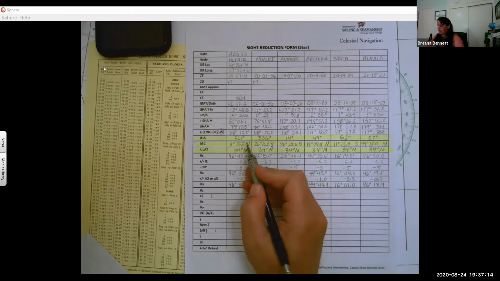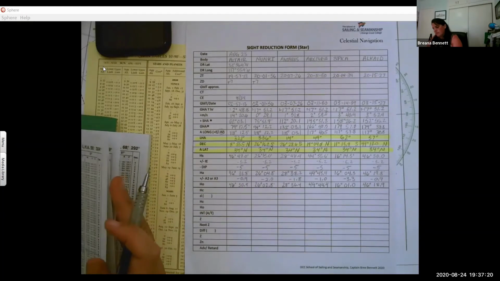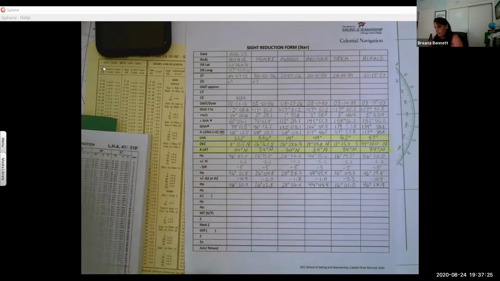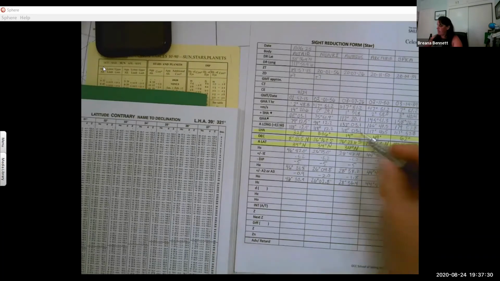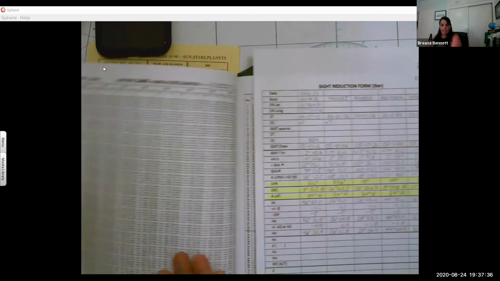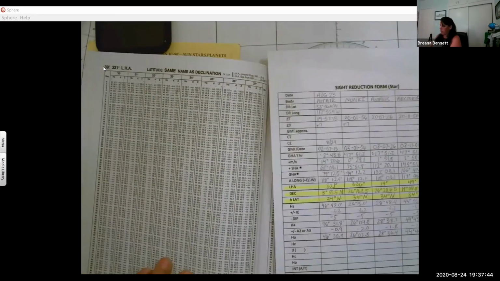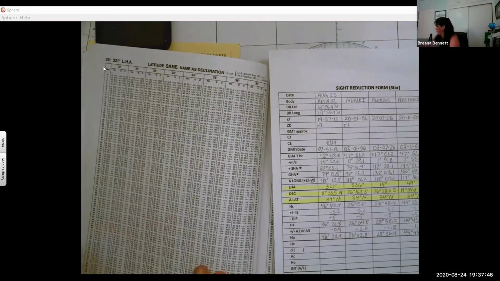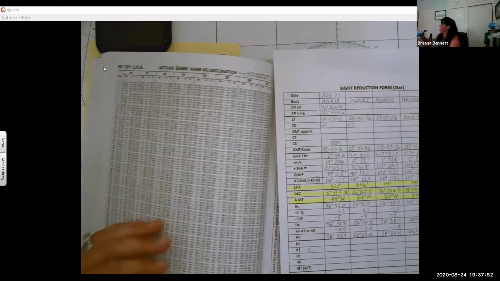Our first one, we have 321. All right, so we have 321 and then N and N, so they're going to be the same. So we are on this side, declination same. I lost my ruler. There it is. Okay.